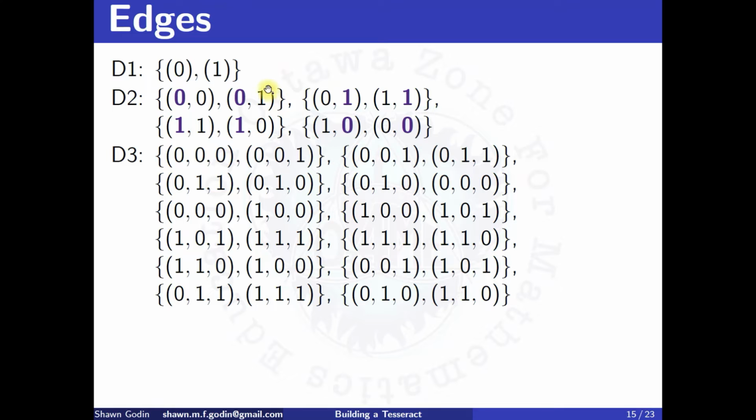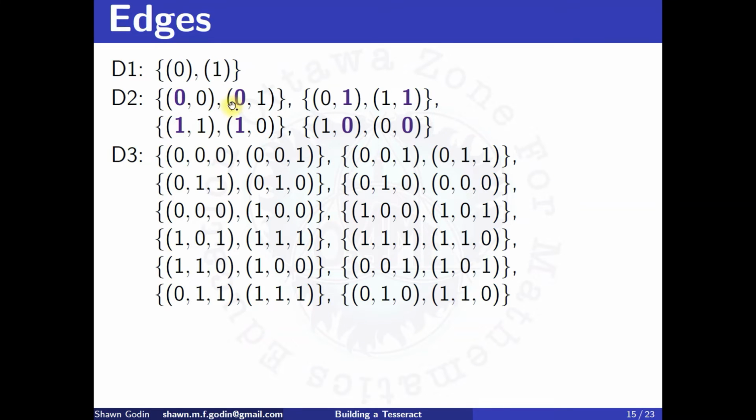Notice that in each collection of 2 points, in 2 dimensions, one of the coordinates is fixed, and the other coordinate goes through what we defined as an edge in 1 dimension. An edge is 1-dimensional, a line segment, and it was something that joined 0 to 1.